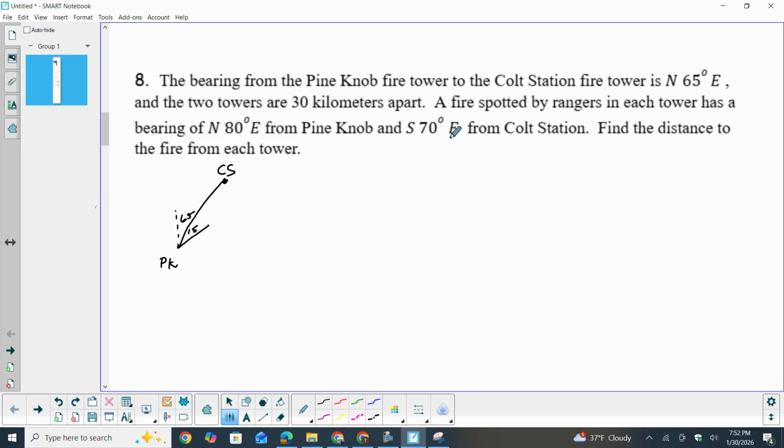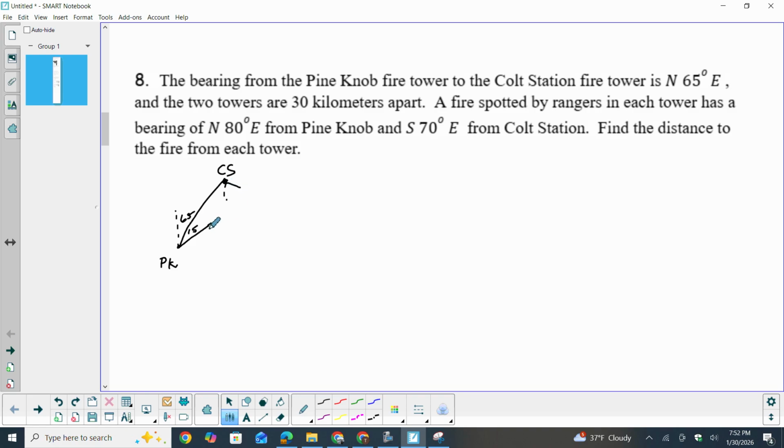And from Colt Station, 70 degrees east of south. So here is south, 70 degrees east. So there is 90 degrees east of south, 70 degrees somewhere right in here.